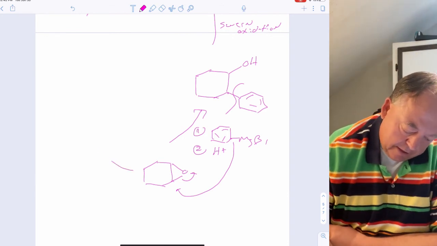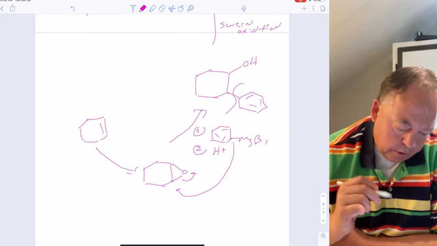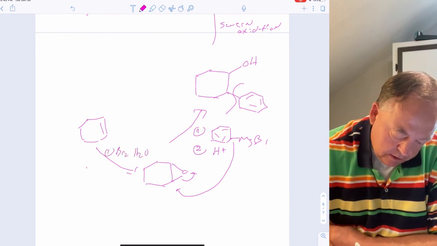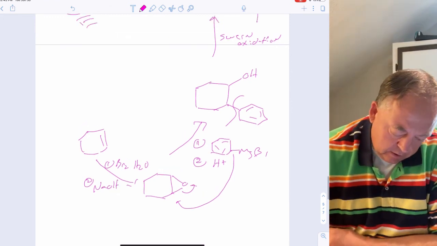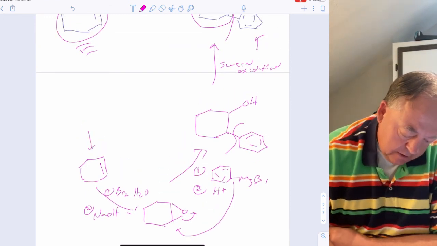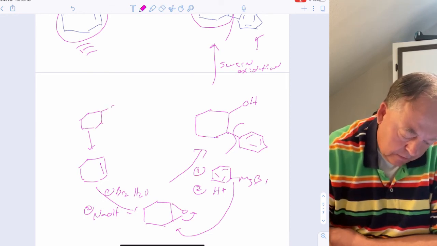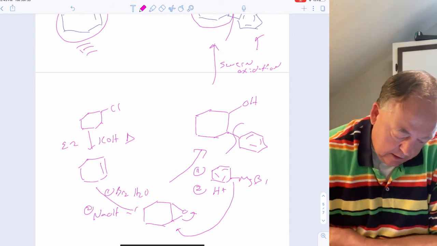And then how could we have made this epoxide? Well, we could have made it from that alkene with MCPBA, or we could have done Br2, H2O, NaOH. How could we have made this alkene? We could have made this alkene from bromine, chlorine, doesn't matter, through that E2 elimination.